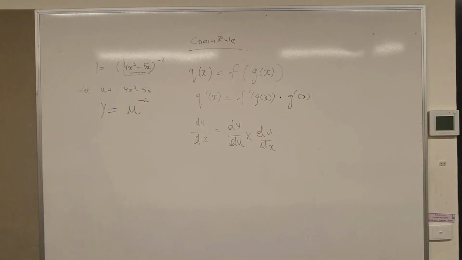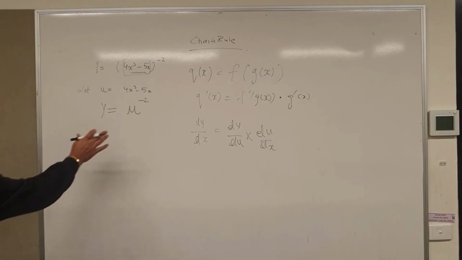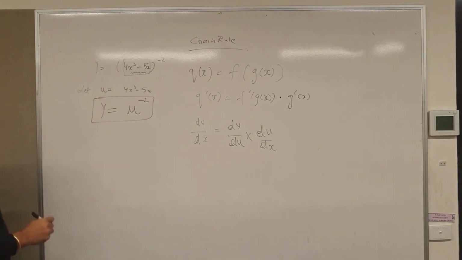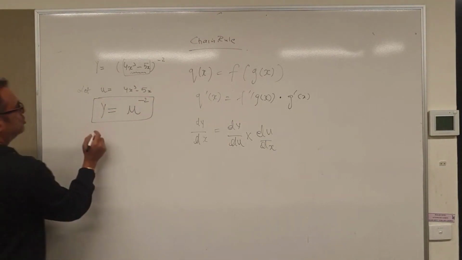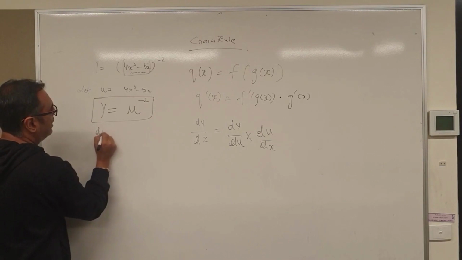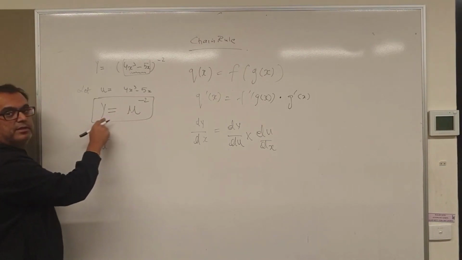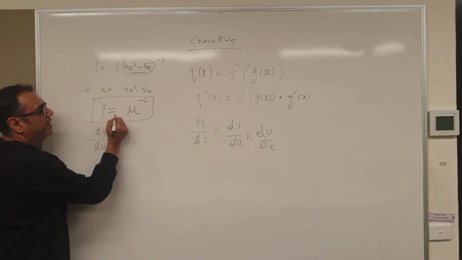Correct? Now what are you doing after this? That's your function. So I will find dy by du here, because it's a relationship between u and y.